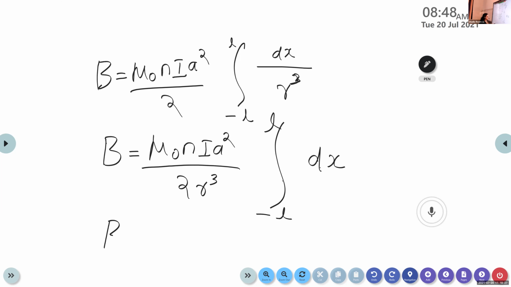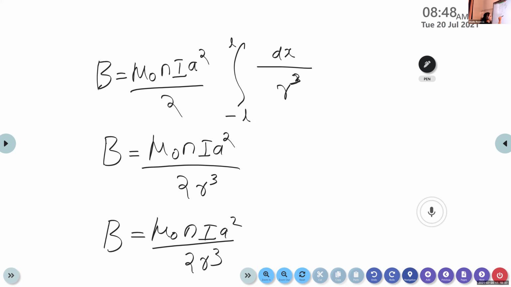So the integral of dx is x itself. So x, apply the limits from minus L to plus L.